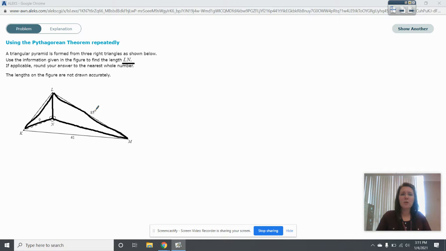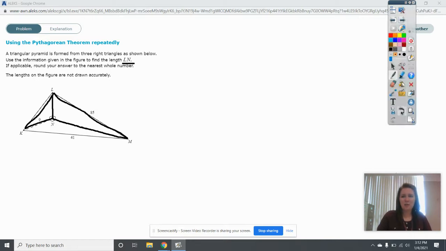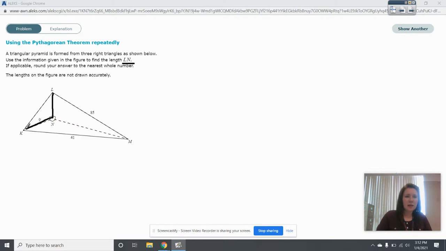So we couldn't use Pythagorean theorem yet. So because neither of these triangles helps us, what we're going to do is take a look at the bottom of the shape down here, and see if this helps us at all to fill in any of the sides of those two triangles I just pointed out.